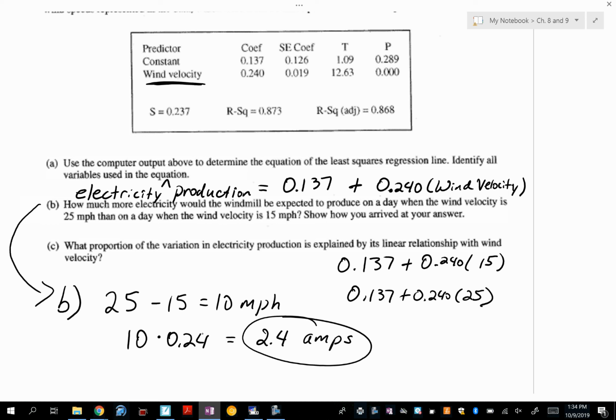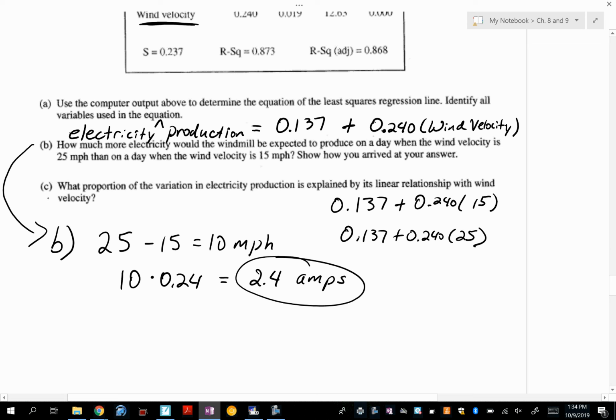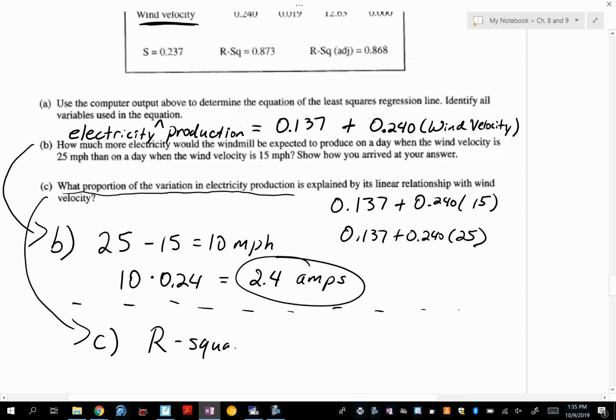Okay, now, when you read part C, what proportion of the variation in electricity production, the moment I start reading this question, alarm bells start going off in my head that this is asking me to look at R squared.